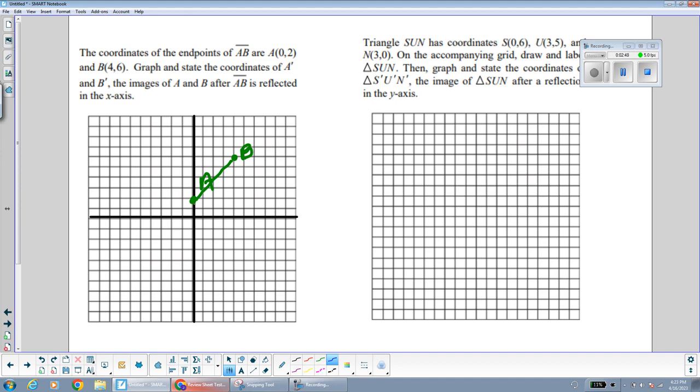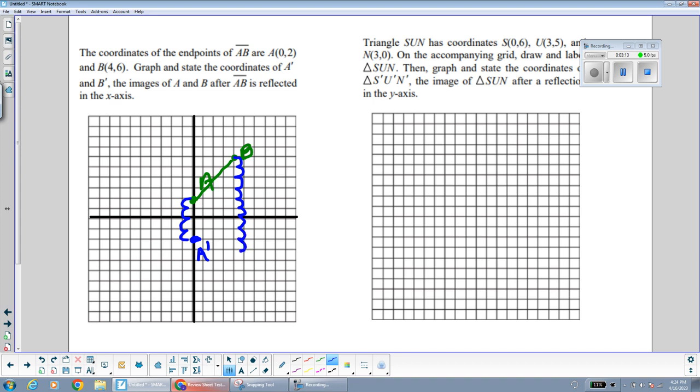So what I'm going to do is I'm just going to count from point A to the line of reflection, and that's 2 spaces. And I'm going to move it an equal number of spaces to the other side of the line of reflection. I'm going to do the same thing with point B. 1, 2, 3, 4, 5, 6 spaces from the x-axis, from the line of reflection.